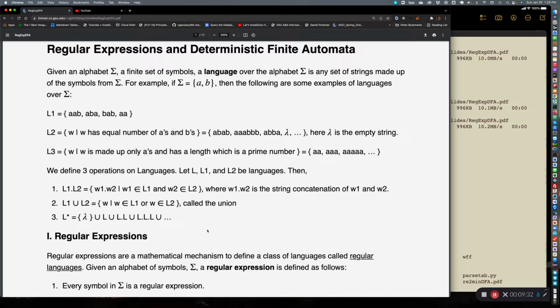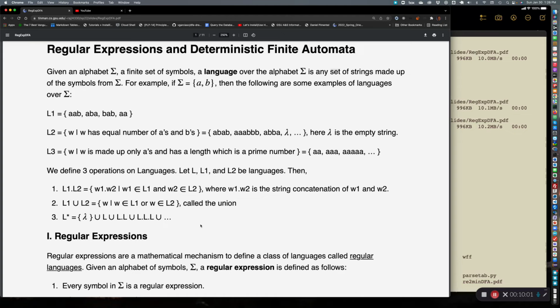Another way to think of L star is, given L, which is a set of words or strings, the way you make up words in L star is you take any number of strings from L, it's your choice, and string them all together, and you get a word or a string in L star. You can also repeat the same thing.